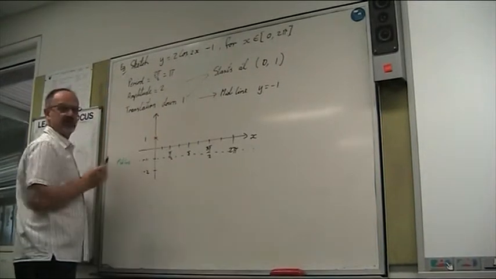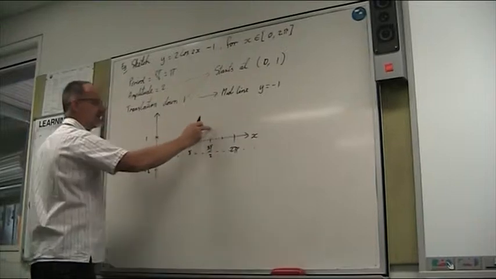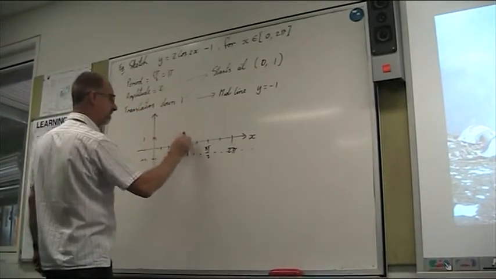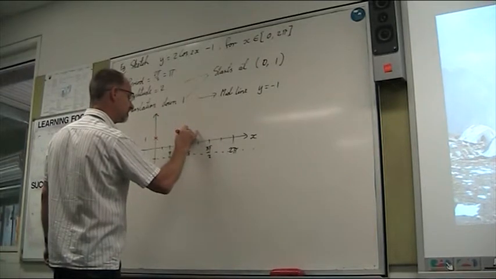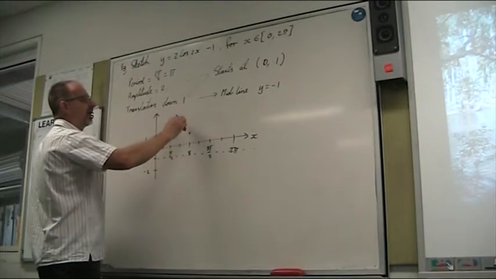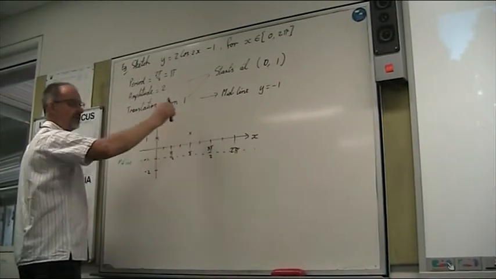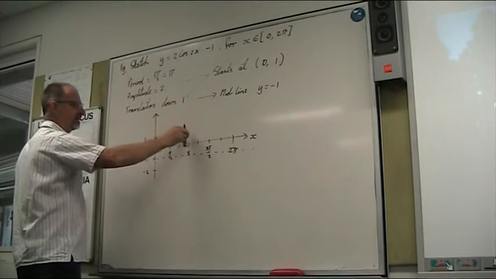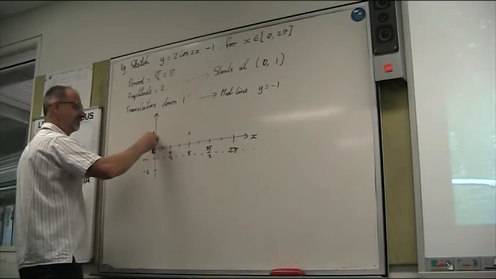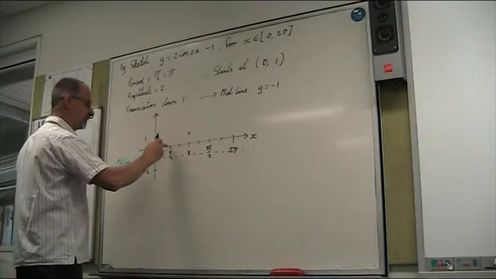It'll get back to its peak whereabouts? Pi. Yeah, so pi, which is there. I'll do the first cycle first. For cos, the lowest point would be halfway between these two, so pi on 2.